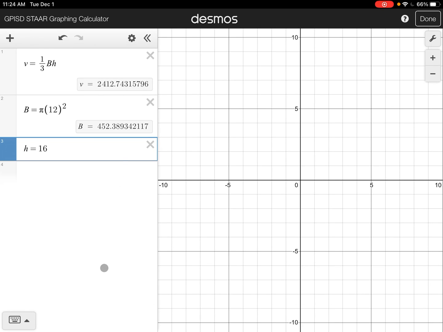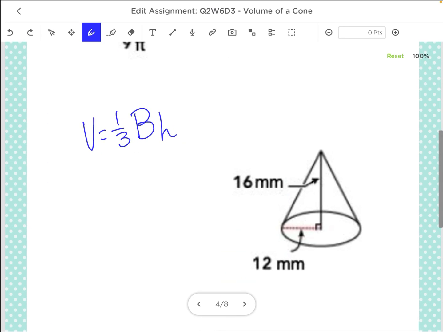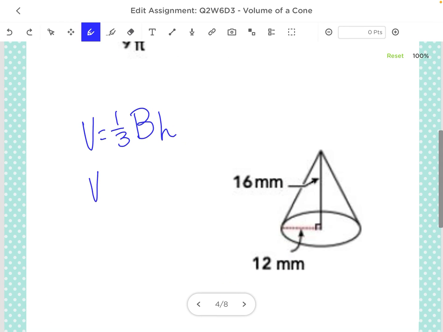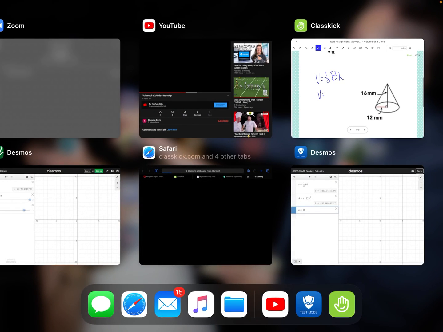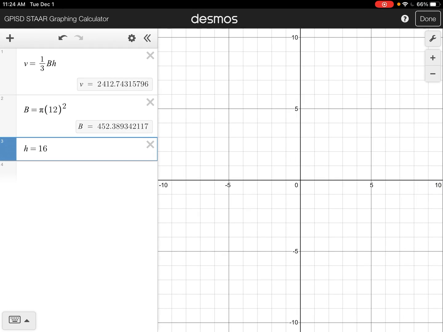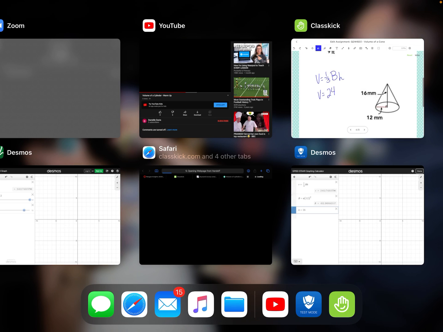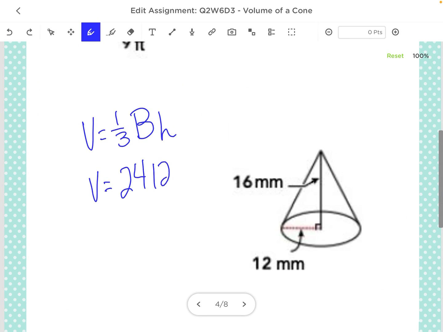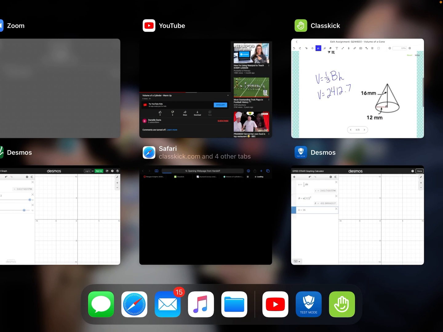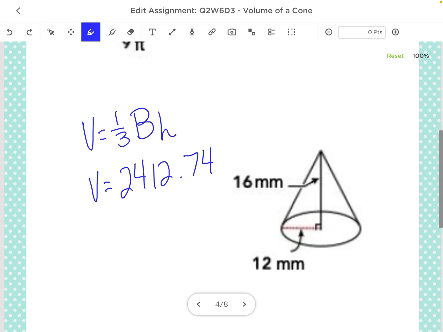It goes ahead and tells me what the volume is of that cone. So the volume equals 2,412.743, and that's millimeters cubed.